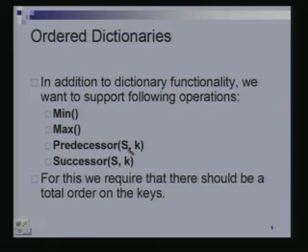What are the parameters you are passing to the functions predecessor and successor? I have just shown S, the ordered dictionary, as one of the parameters. It need not be. You could think of the predecessor as taking only one parameter, which is the particular key. Predecessor of K would mean give me the key which precedes K in the total order in the dictionary S. Dictionary S will have certain keys, so give me the one which precedes the key K and which lies in this dictionary.